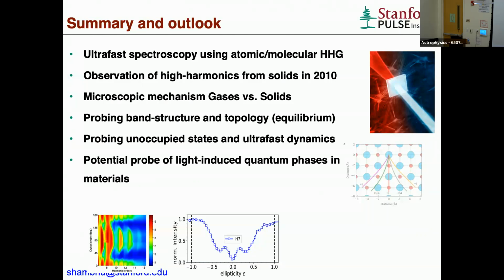And we were able to produce harmonics from solid materials without damaging the sample. There are lots of exciting things in terms of understanding the mechanism and probing the materials with these harmonics. And this could be a potential probe in the future for light-induced quantum phases in materials.